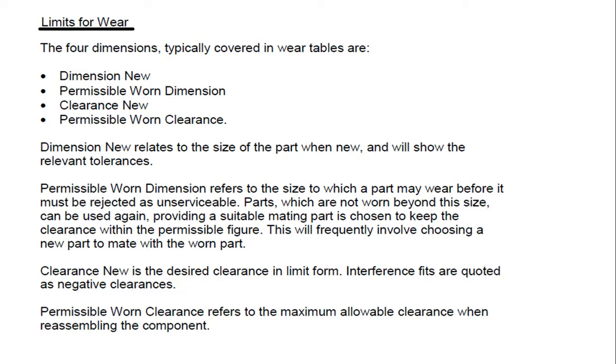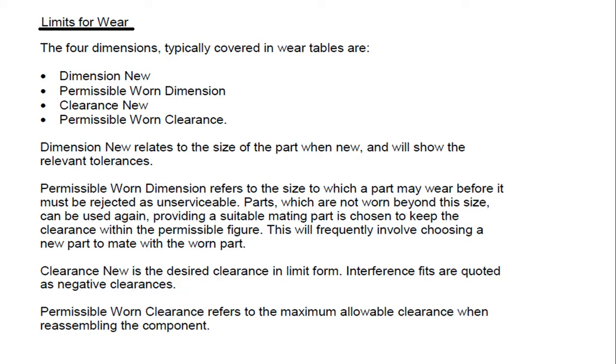In the same way, about the clearance. Clearance new is the desired clearance in limit form, and the interference rates are quoted as negative clearance. Interference means, I'm talking about the power transmission shaft, when the size of the shaft is greater than the size of the hole.